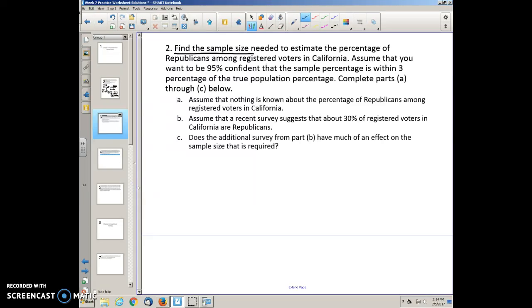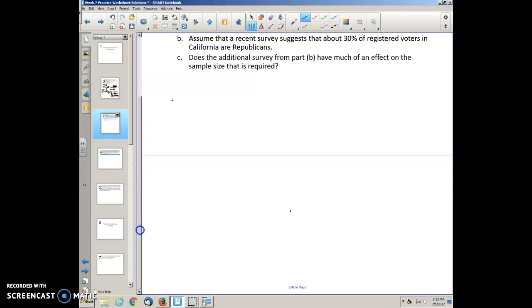In part A, it says, assume that nothing is known about the percentage of Republicans among registered voters in California. So, for A, we are going to use this formula. N equals Z sub alpha over 2 squared times 0.25 over E squared.